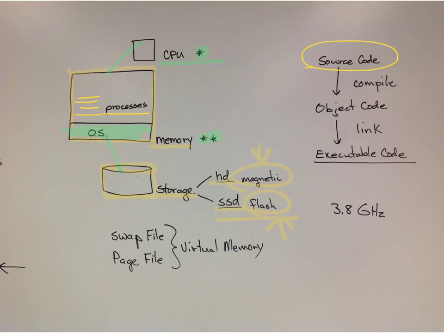So, review, talked about source code compiled into object code. This is something the computer can work with, okay? Machine language. Then we link in other libraries and we get executable code.